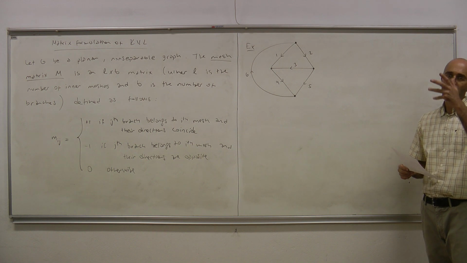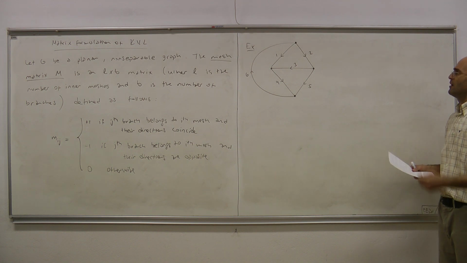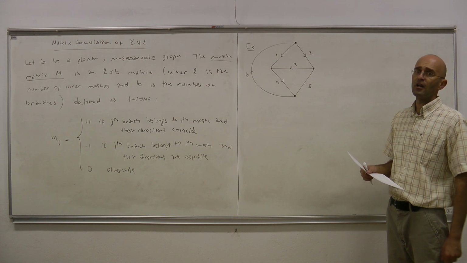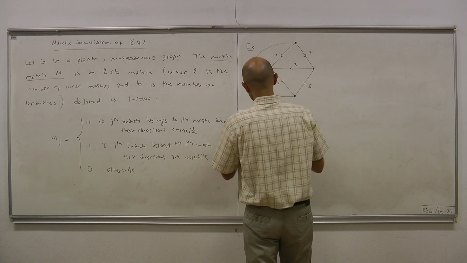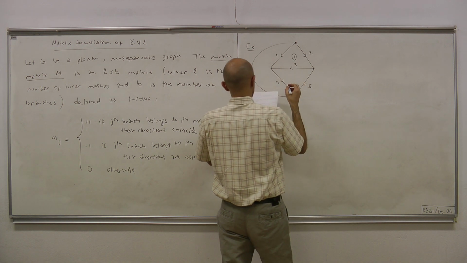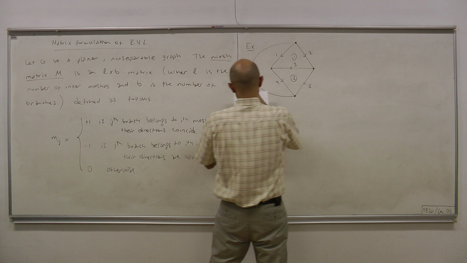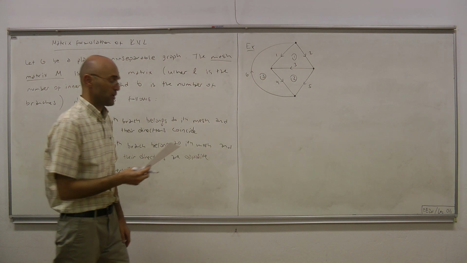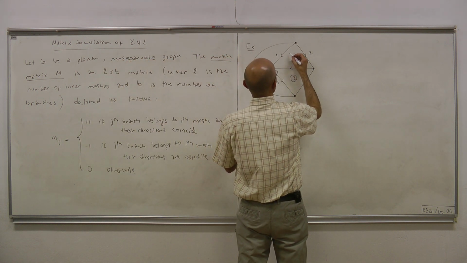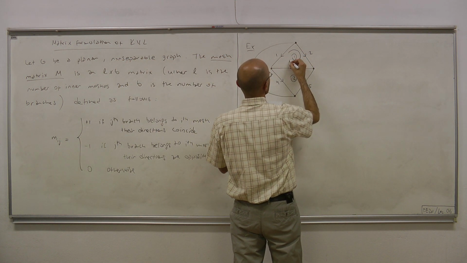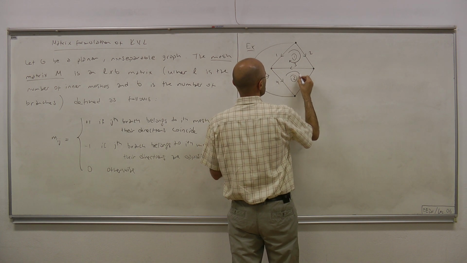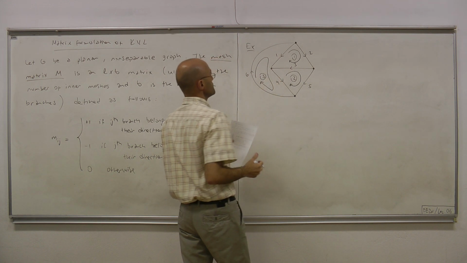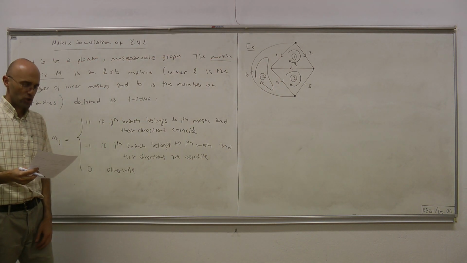Direction is arbitrary, but usually we adopt a convention, and according to our convention, direction is clockwise. So let's call this mesh 1, this inner mesh 2, and this inner mesh 3. The directions are clockwise by convention. This is the direction of mesh 1, this is the direction of mesh 2, and this is the direction of mesh 3.